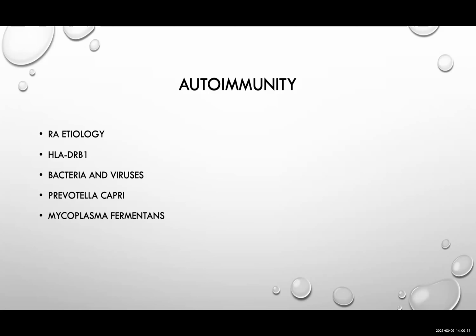However, there are still a number of areas that need to be researched. Specifically, Mycoplasma fermentans, a bacteria from the urogenital and respiratory tracts, has been shown to become pathogenic and, due to molecular mimicry, trigger an immune response.